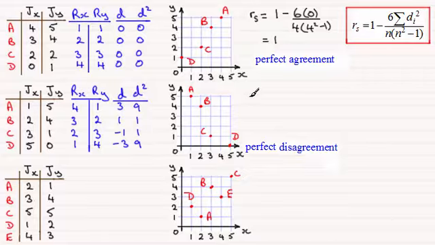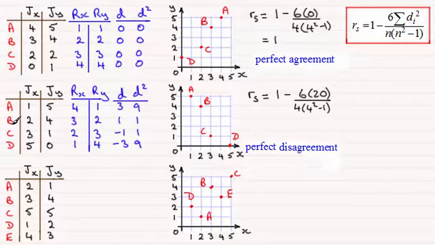So when it comes to working out Spearman's rank correlation coefficient, it's now 1 minus 6 times the sum of all the D squareds. Well, that comes to 20. And so we've got 6 times 20, all divided by 4 times 4 squared minus 1.